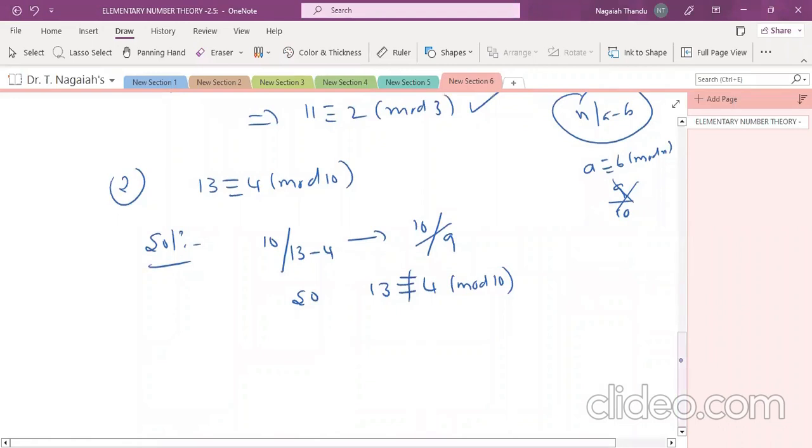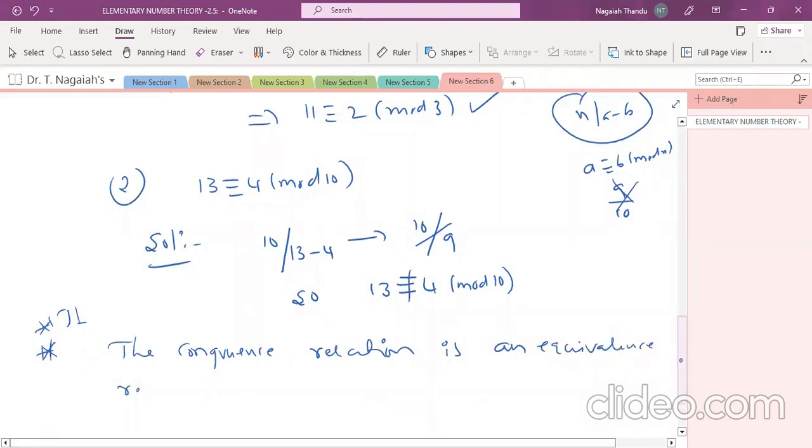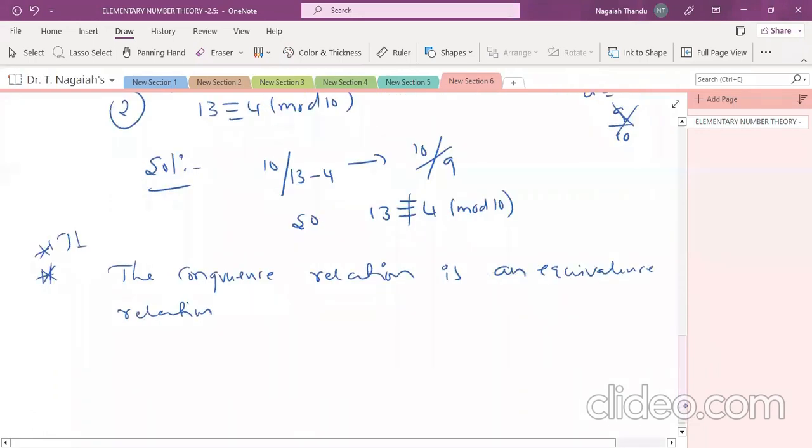One more idea, the most important point, which was asked in a previous exam in JL: the congruence relation is an equivalence relation. The question was, the congruence relation is dash as a relation. Congruence relation is an equivalence relation.